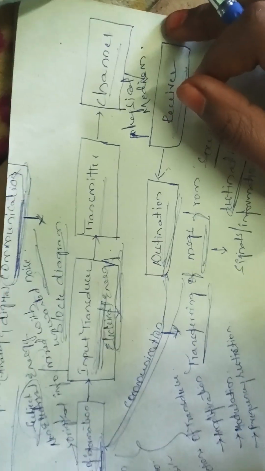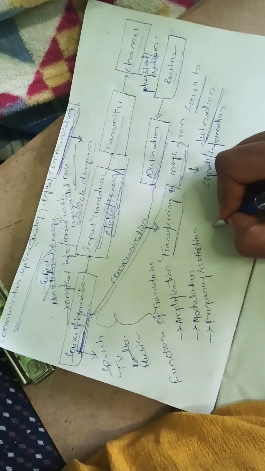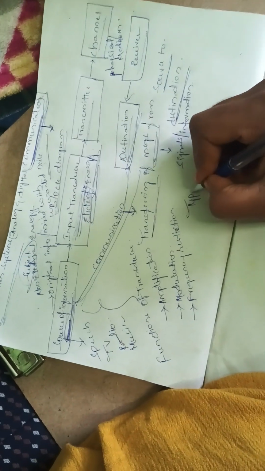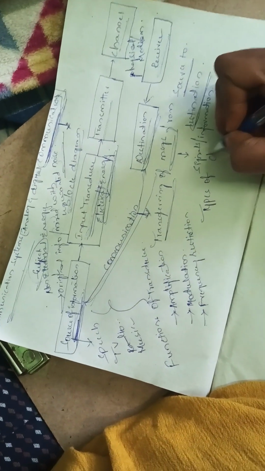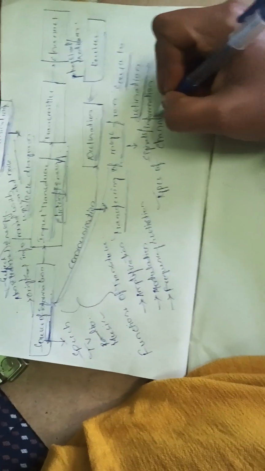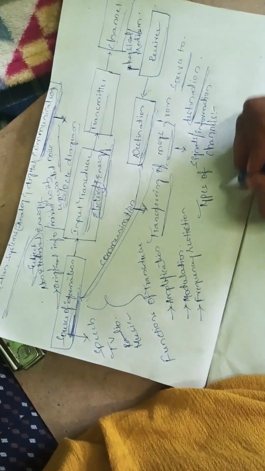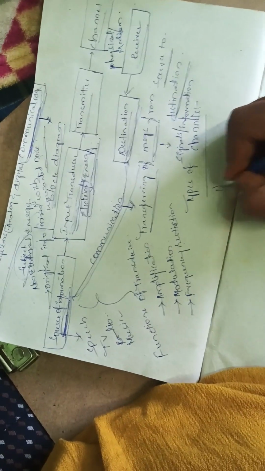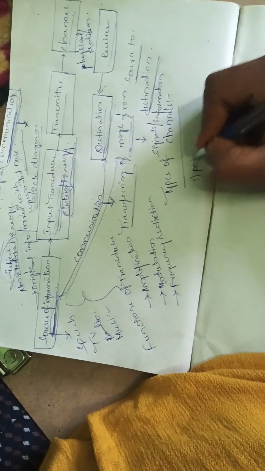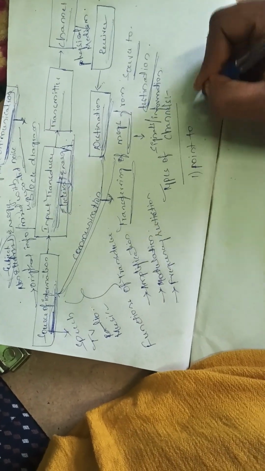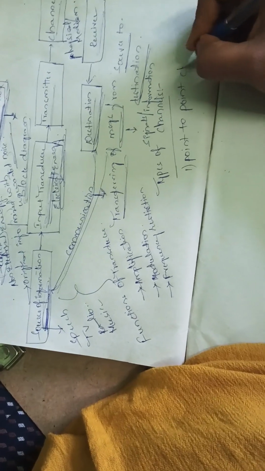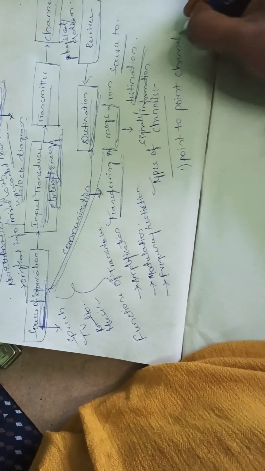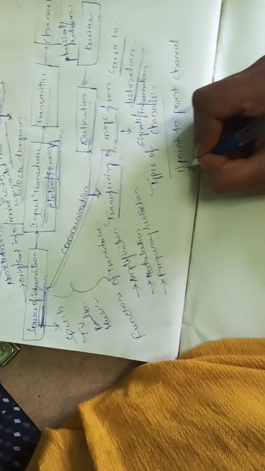Next, the types of channels. The first one is the point to point channel. Next is the broadcast channel.